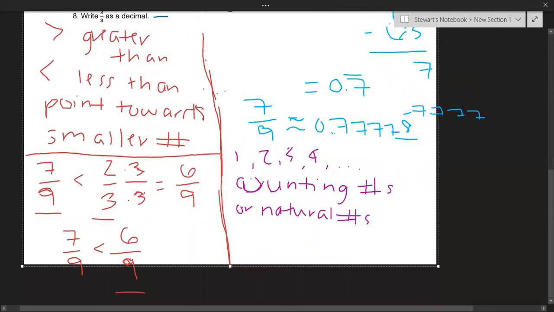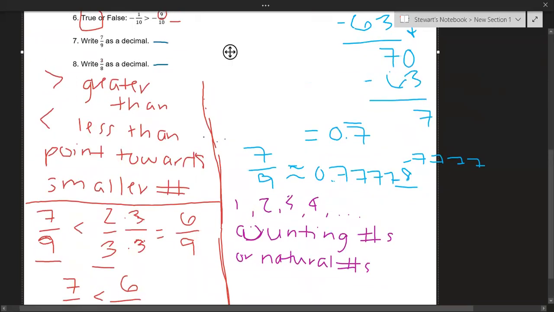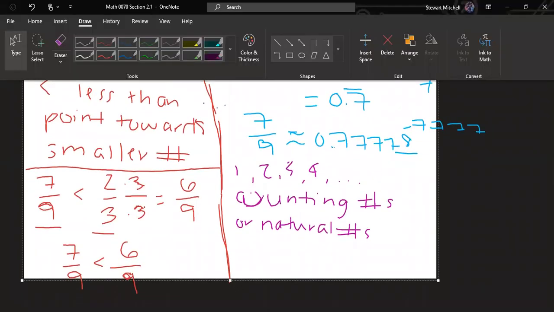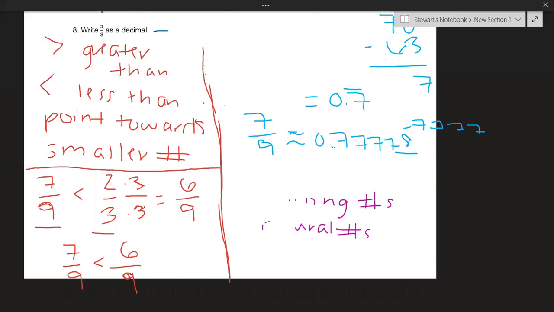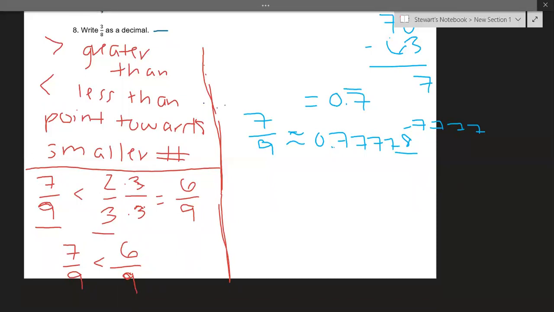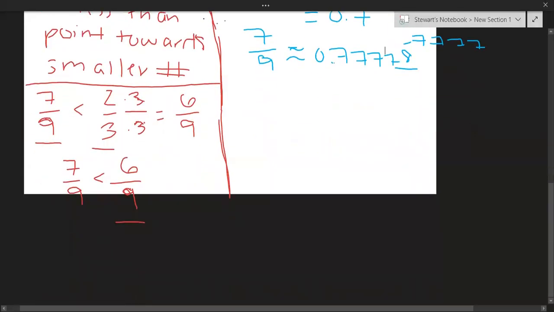Okay, and then we have one more example left. We have writing 3/8 as a decimal, which is really similar to what we just did. It's the exact same process, although this one will end up just a little bit nicer because it behaves a little bit better than the first one does, which is always nice.